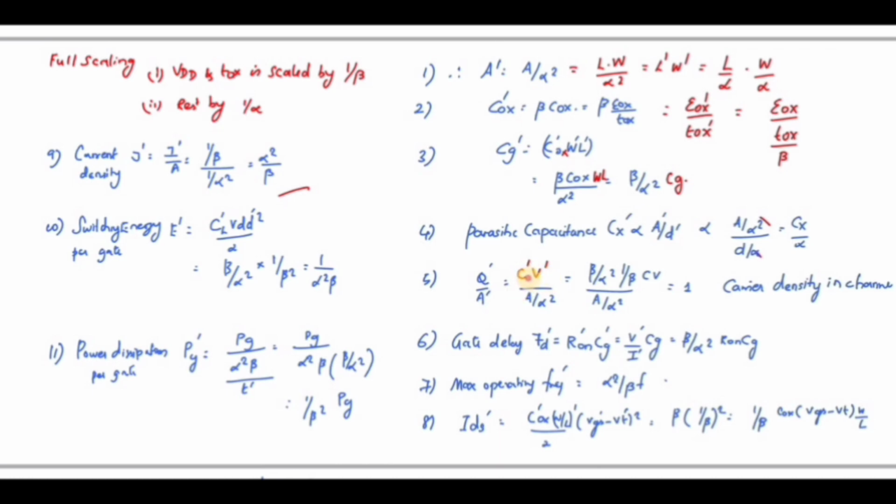Here the C represents CG. So CG bar I can write as beta by alpha square into CG, and V bar, since the voltage is divided by beta, I can write as 1 divided by beta into V. Here alpha and alpha square get cancelled out, and betas get cancelled out. So this is nothing but QA.